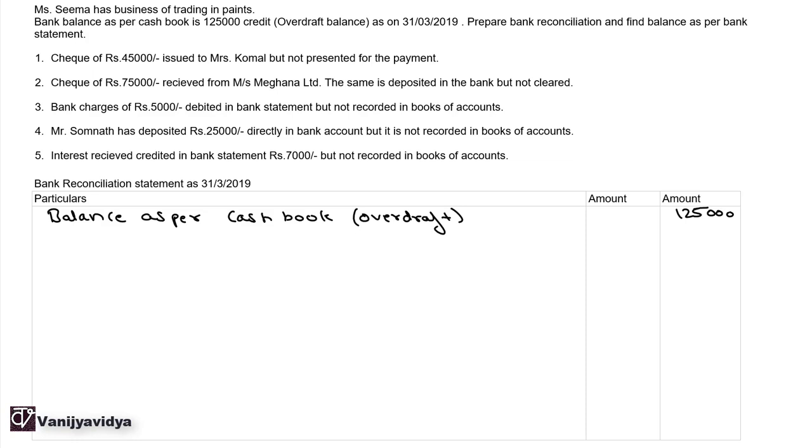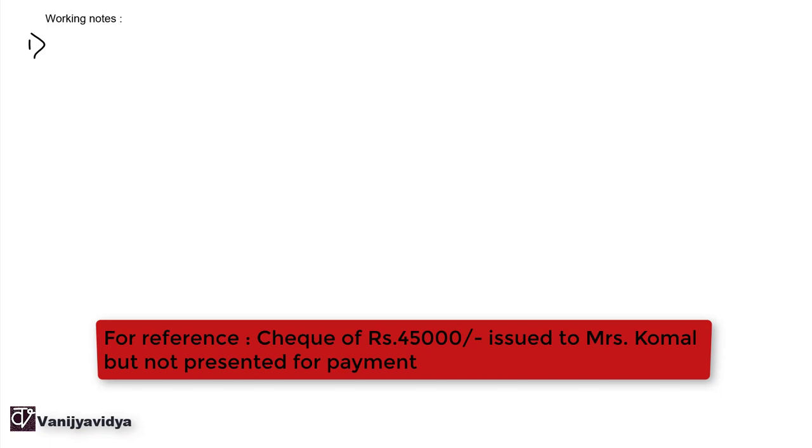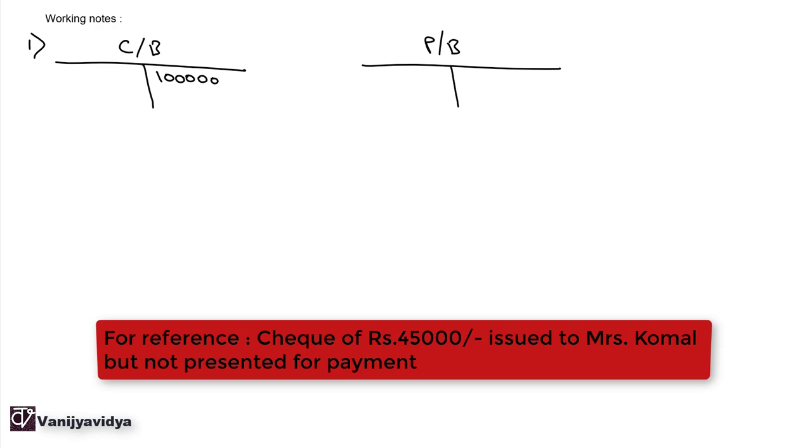Now let's prepare a working note for this so that we understand it better. Working note number 1. Cash book, passbook. Now this is an overdraft balance. So it will be credit balance as per cash book and debit balance as per passbook. Let's assume it as 1 lakh rupees.